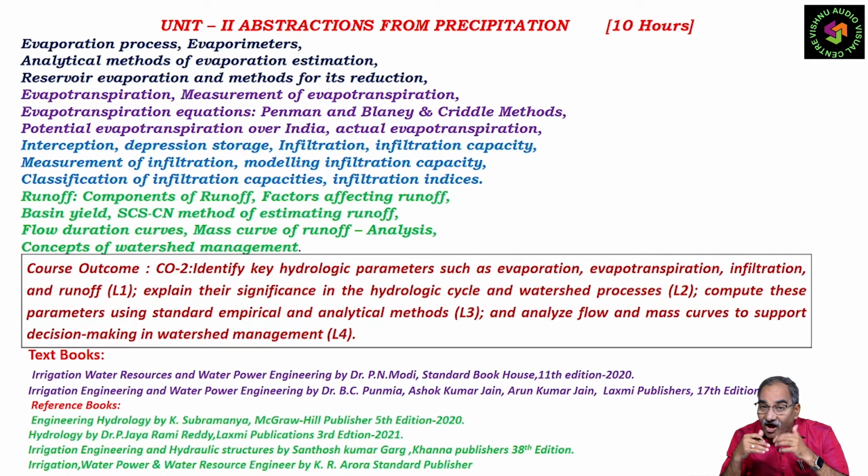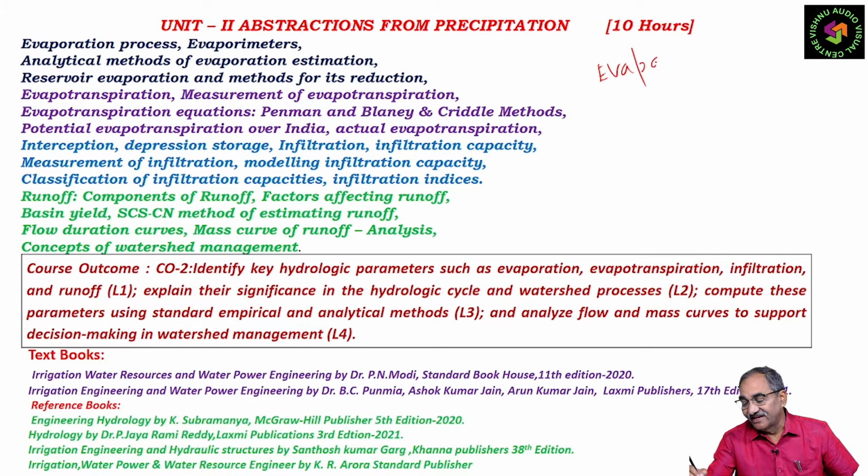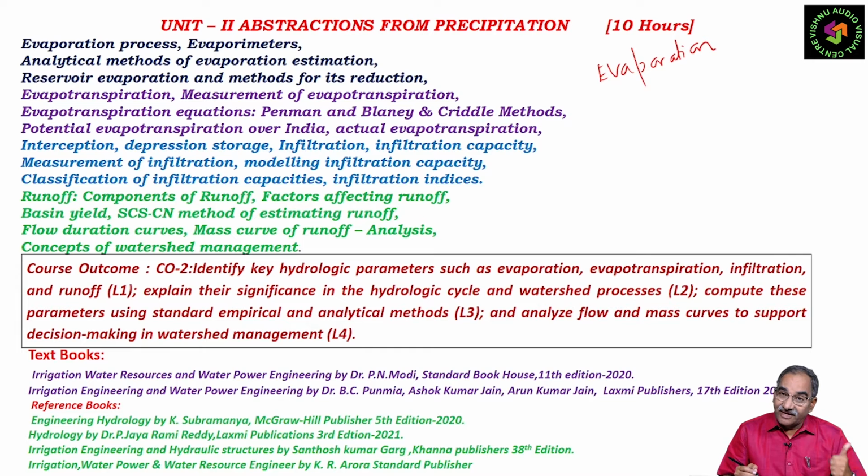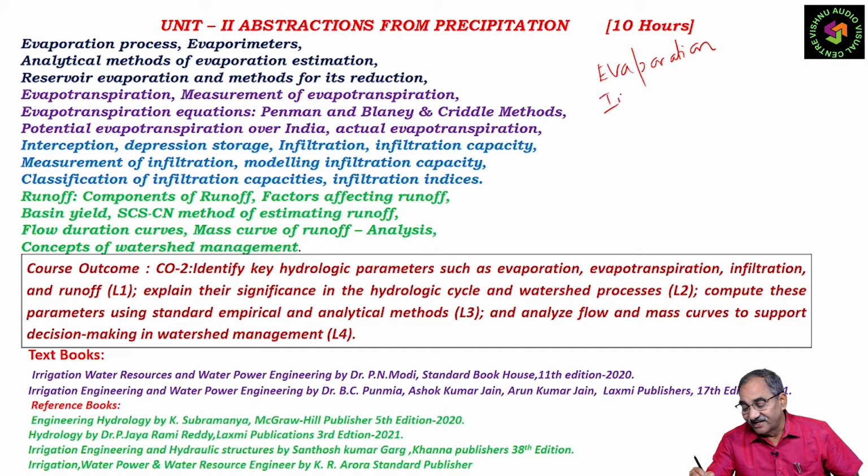Afterwards, what happens to the precipitation? Some part of precipitation is lost as evaporation. This we will study in the second unit. And some part of the precipitation penetrates into the ground and is lost as infiltration.